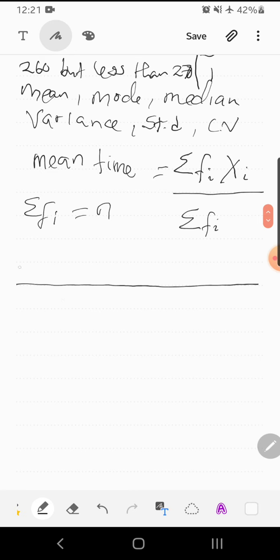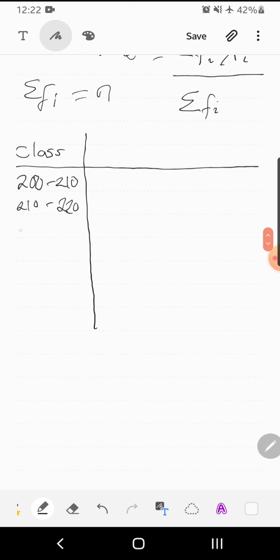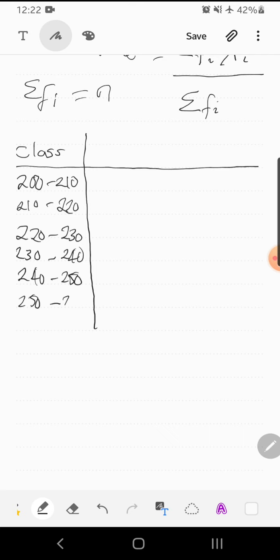Again we have the classes: 200 to 210, 210 to 220, 220 to 230, 230 to 240, 240 to 250, 250 to 260, 260 to 270.